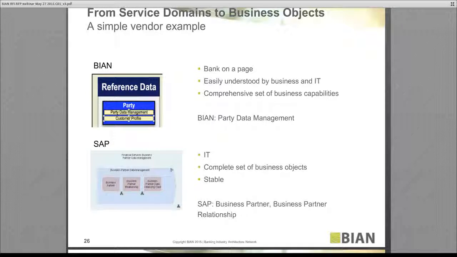So as business objects in this case, we differentiate into what we call a business partner, which is in BIAN terms the party, and a business partner relationship. So we have two business objects which sum up to one service domain, and the business objects then are service-enabled.